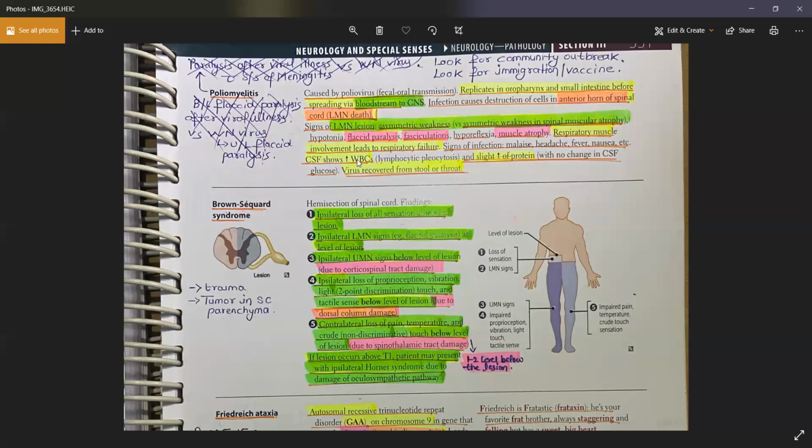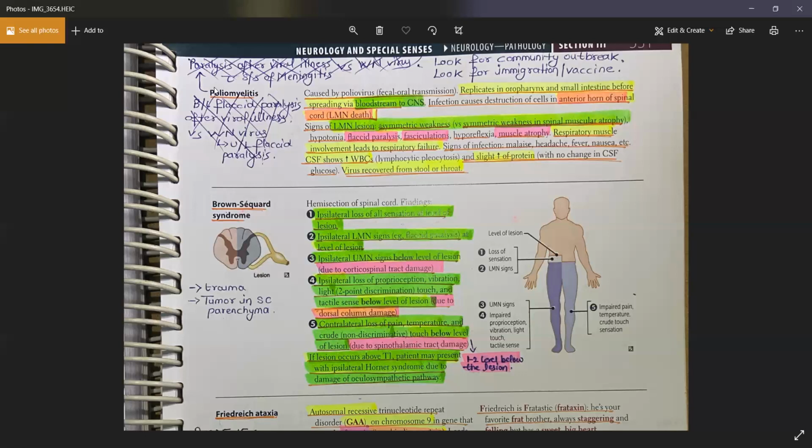West Nile also has like a predisposition for like bone breakage, maybe. Okay, an outbreak could be there, an outbreak in a locality. That could be a hint. But the same kind of outbreak can happen in poliomyelitis also.